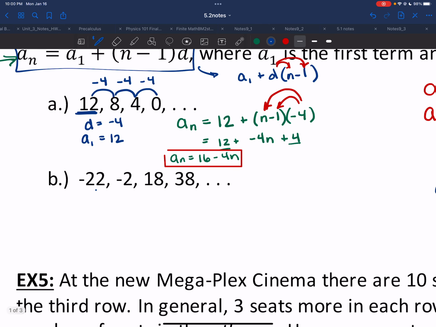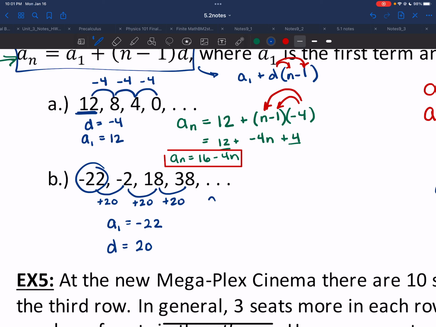From negative 22 to negative 20, I added 20. From negative 2 to 18, I added 20. From 18 to 38, I added 20. So my equation, oh, and I can't forget a1. So a1 is negative 22, and my d is equal to 20.